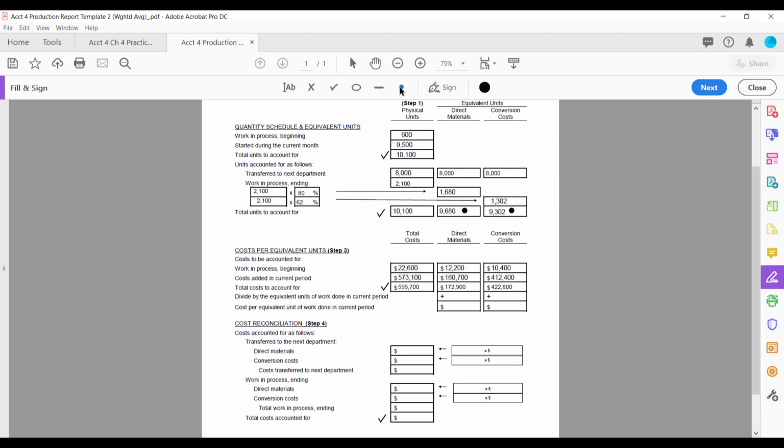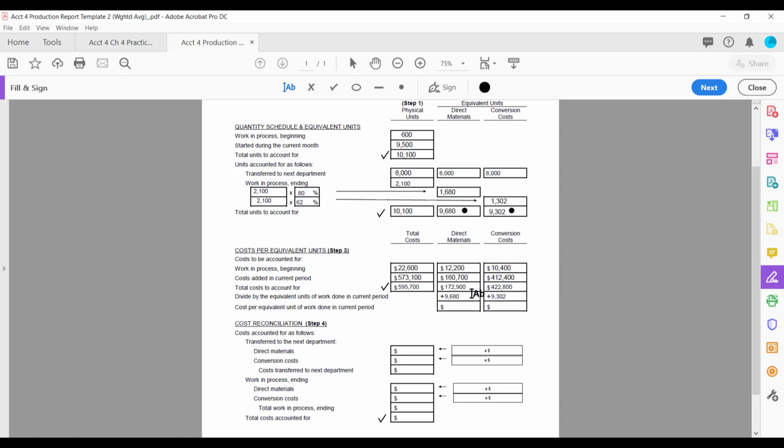Those are the total equivalent units of work done specifically for direct materials and then for conversion costs. So we're just going to copy these two numbers over to these boxes down here. The 9,680 gets copied right down here. So that's my equivalent units of work done with respect to direct materials, and the equivalent units of work done with respect to conversion costs is the 9,302.